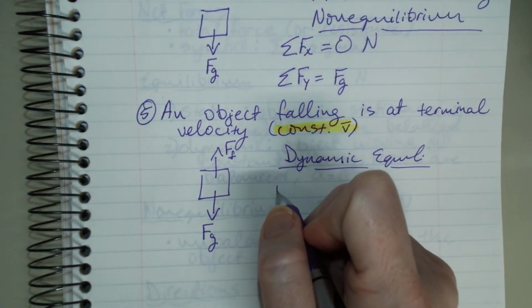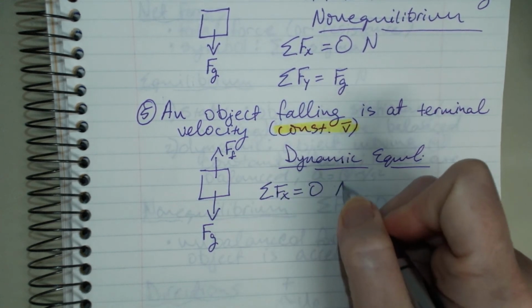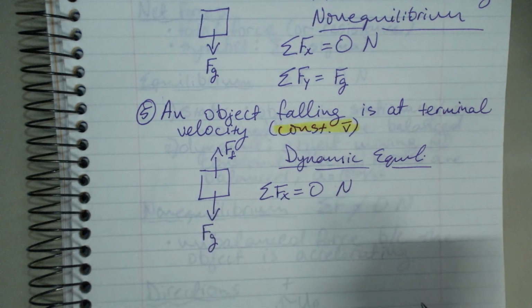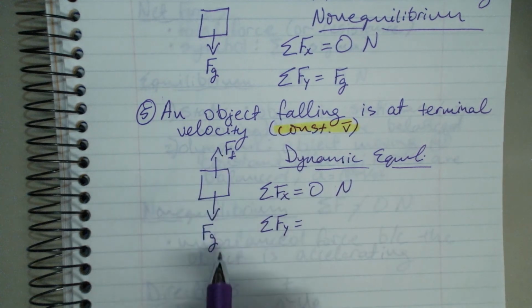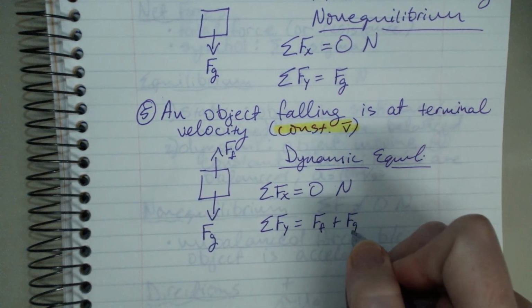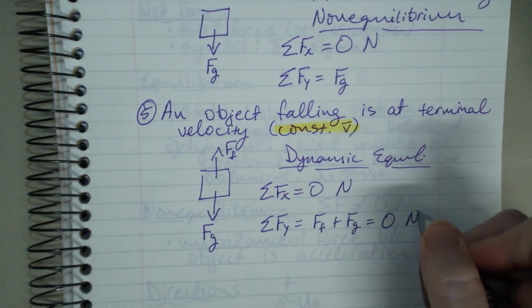Now it's important to note again, your net force in the x direction is 0 newtons because there's nothing there. Okay? You still have to write it. Your net force in the y direction would be just what you see in the y, the friction plus the gravitational, and since it's in dynamic equilibrium, that equals 0 newtons.